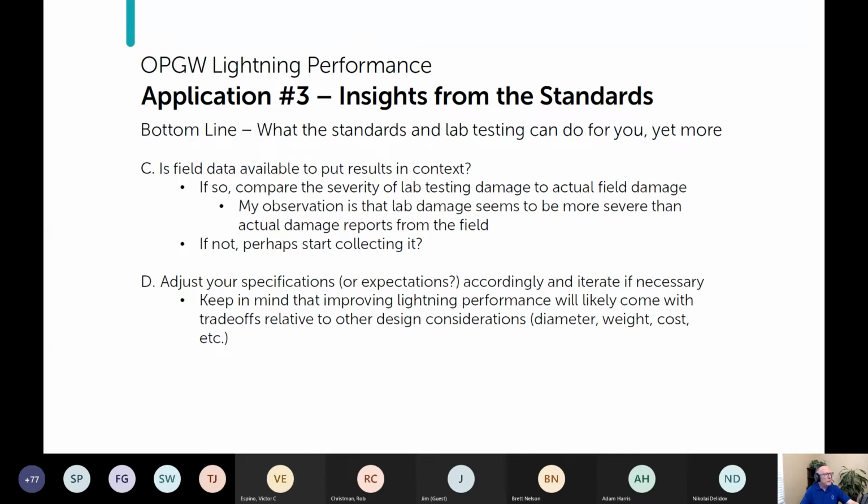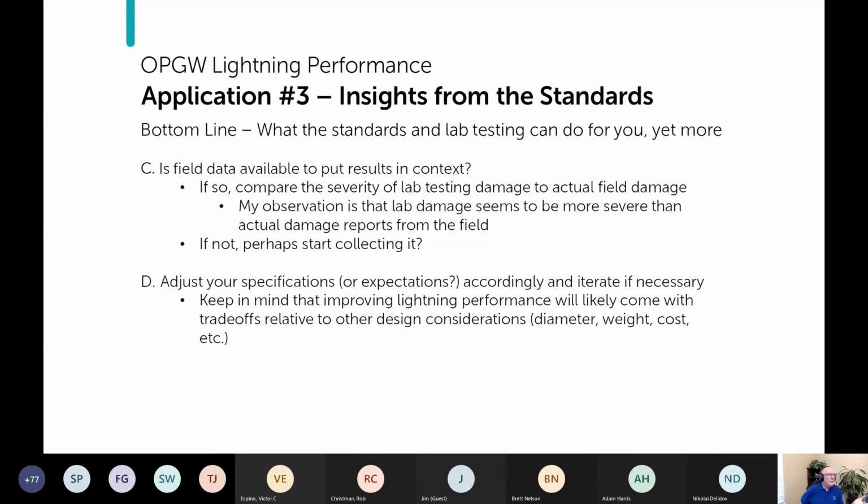You also need to understand that improving lightning performance comes with trade-offs relative to other design considerations. I'll talk about this more in a minute, so let's hold that thought for a moment. But the concept here is that if you need better lightning performance, you're likely making your cable bigger.